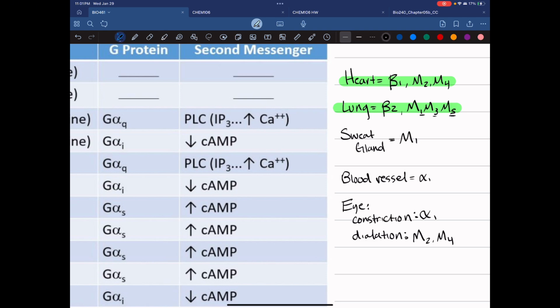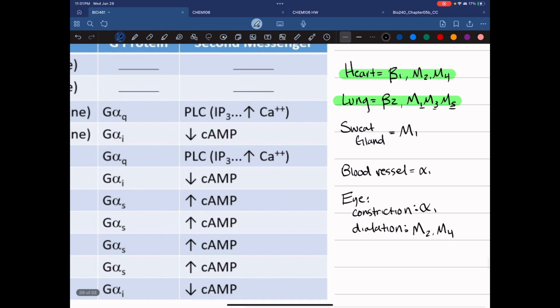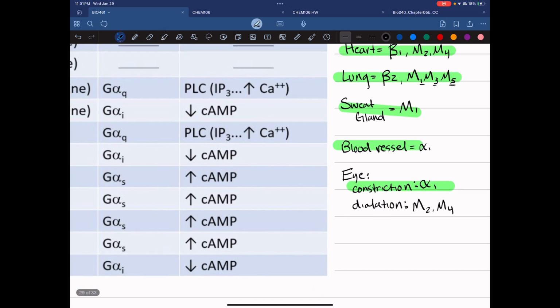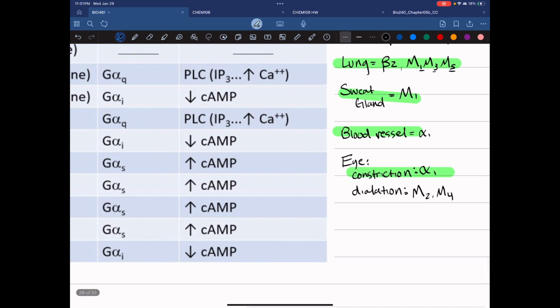Our sweat glands, those are just M1, and blood vessels and eye constriction. So blood vessels are alpha 1, odd number, so that means it constricts. Eye constriction is the same, talking about smooth muscle there. And then the dilation for our eyes is M2 and M4, which are inhibitory.